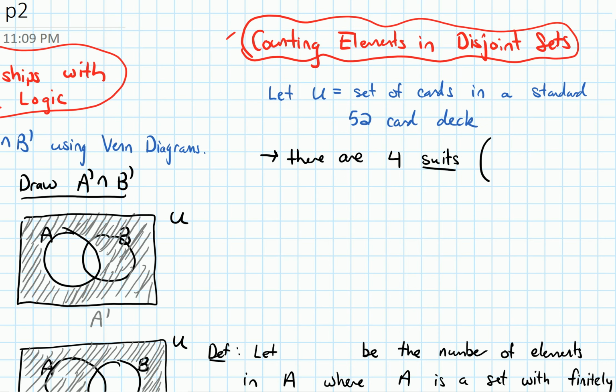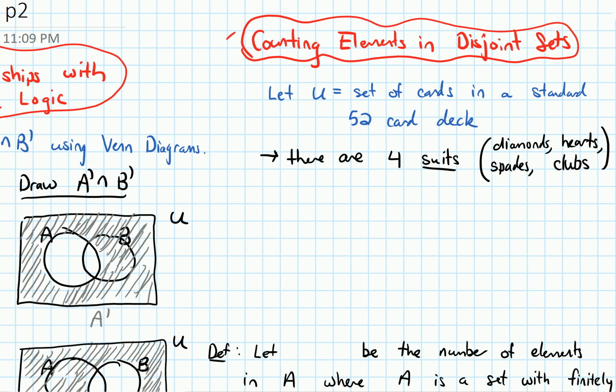So the suits in a deck of cards are diamonds, hearts, spades, and clubs. So each of these 52 cards has one of these 4 suits.